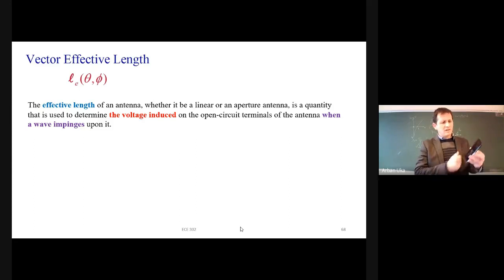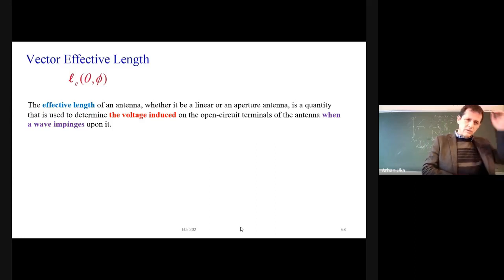So this is our antenna, and we have an incident electromagnetic wave with an electric field. We've talked about the field being in the order of 5 or 1 volt per meter. If we multiply this strength of electric field, measured in volt per meter, by this length scale, we find the voltage. But the vector effective length is this one.